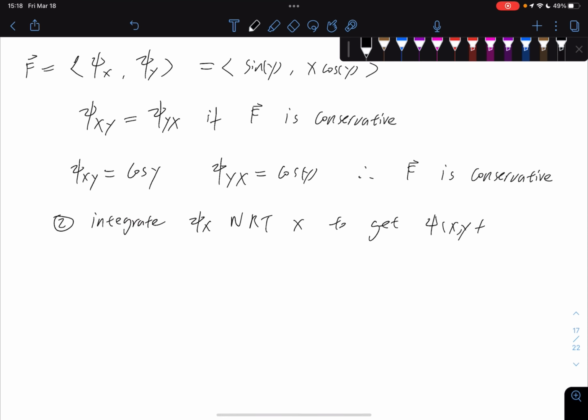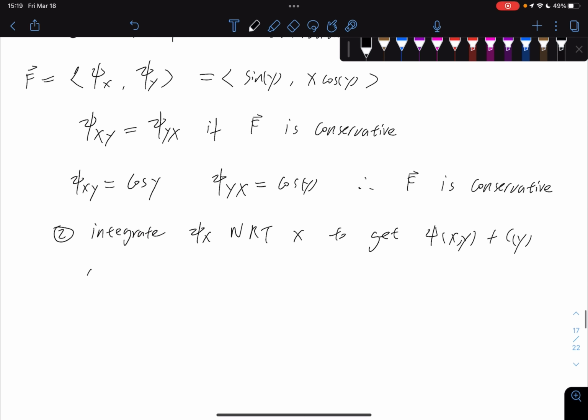The reason why there's a c of y is because when we differentiate our ψ to get our ψx, anything that only contains the y term gets lost because we treat it as a constant when we differentiate. So we must include the c of y to complete the picture of ψ. All right, so that will give us the integral of sine y dx equals x sine y plus c of y.